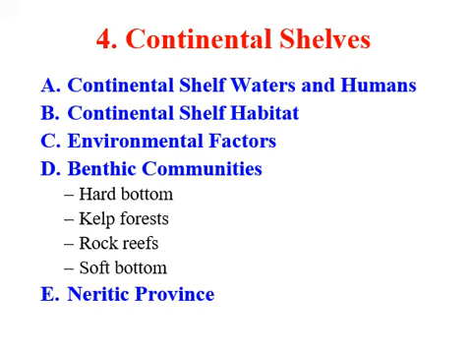So in terms of this ecosystem, we're going to look at 5 different things. Humans obviously have a lot of interaction with continental shelves. There are millions and millions of people that live along the shoreline. And the water that's out there, there's a lot of these intertidal ecosystems that we looked at earlier.